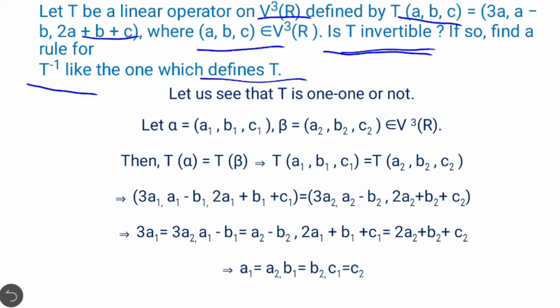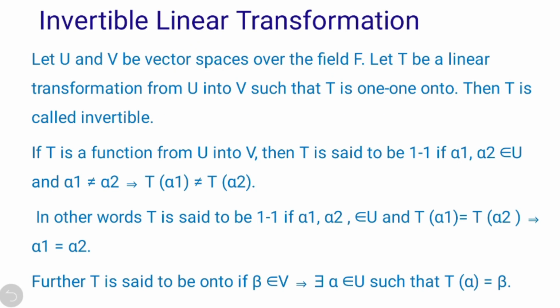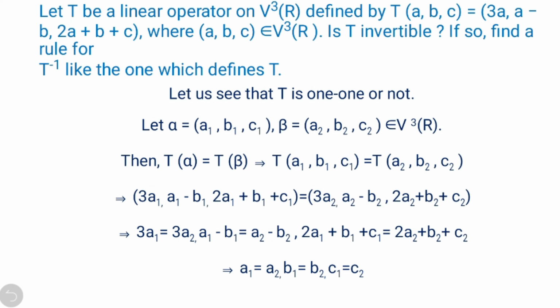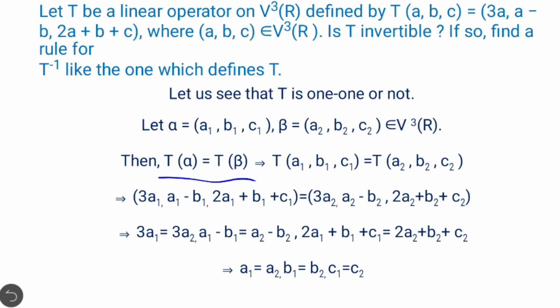Let us first see whether T is 1-1 or not. The condition is: if T alpha 1 equals T alpha 2, then alpha 1 should equal alpha 2. Taking two vectors alpha and beta, suppose T alpha equals T beta.